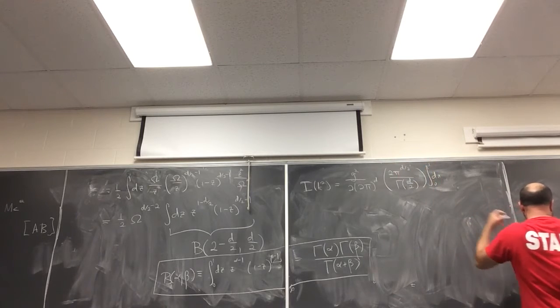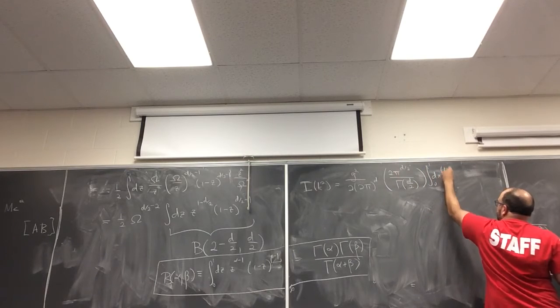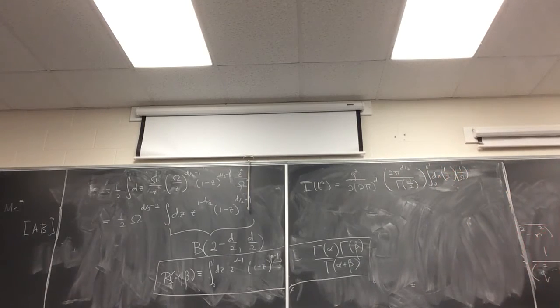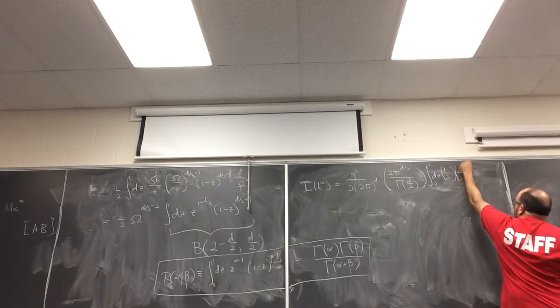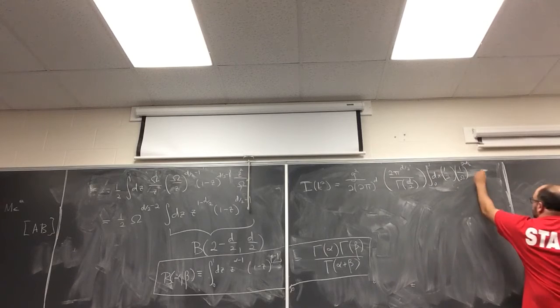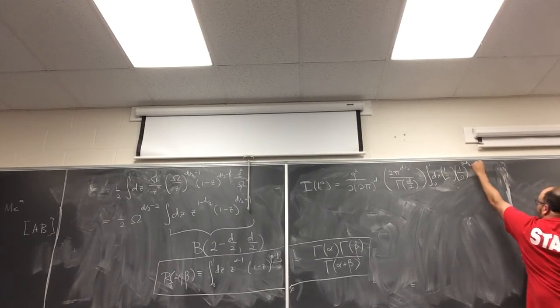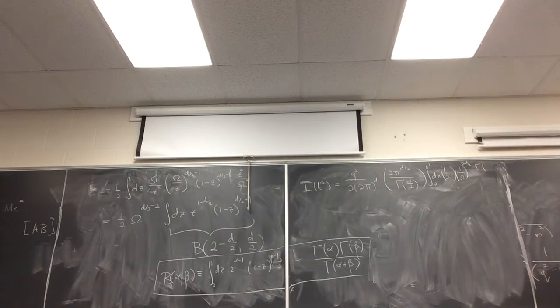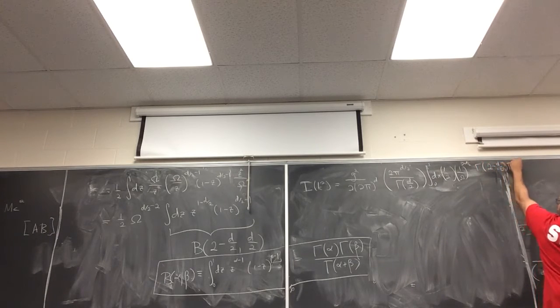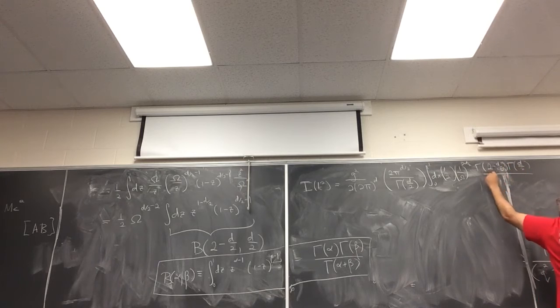And then I've got a factor of 1/2, and a factor of gamma of 2 minus d over 2, which is coming from the beta function, over gamma of 2.